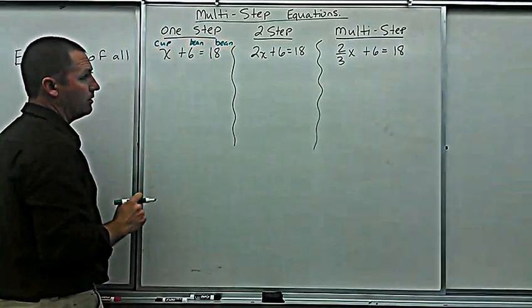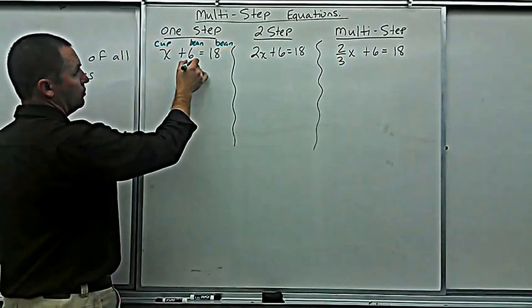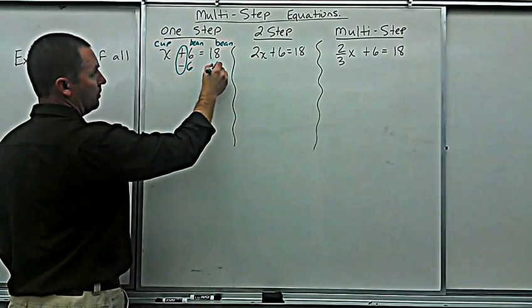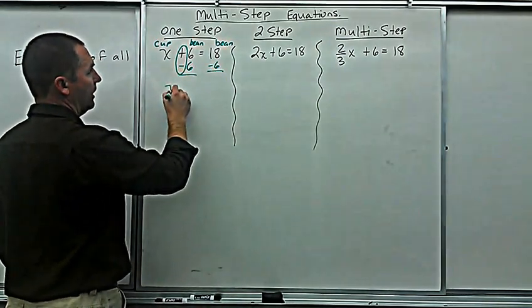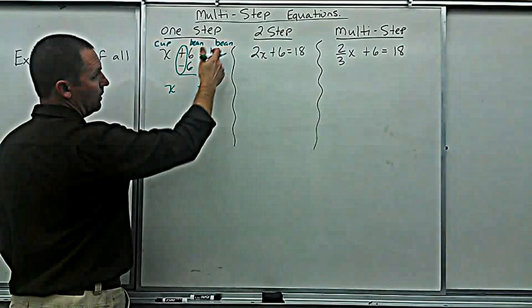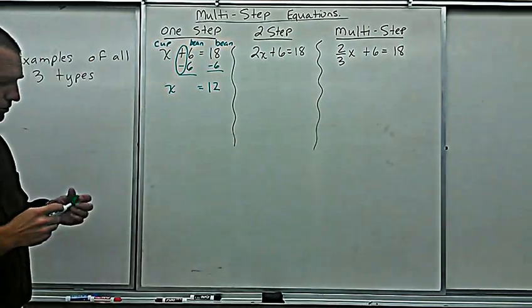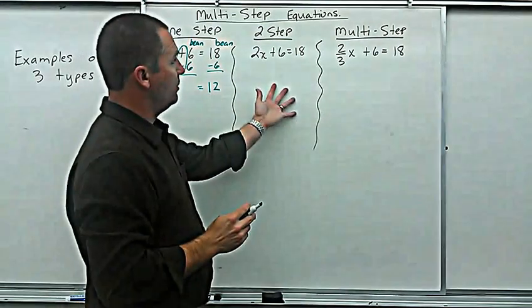So I want to get rid of the beans that are with the cup side. So to do that, I'm going to subtract 6. I do the opposite operation right there. Subtract 6 from both sides. I get x is equal to 18 minus 6, of course, is 12. So x equals 12.